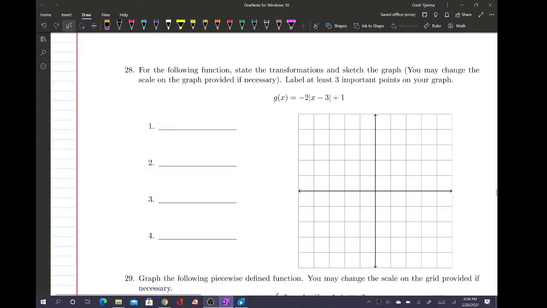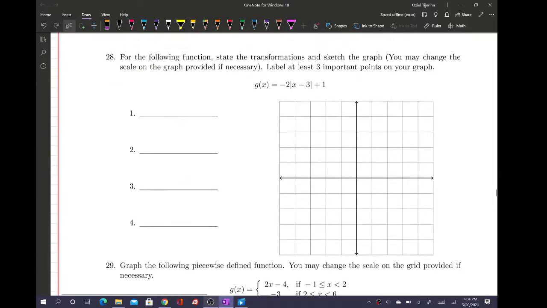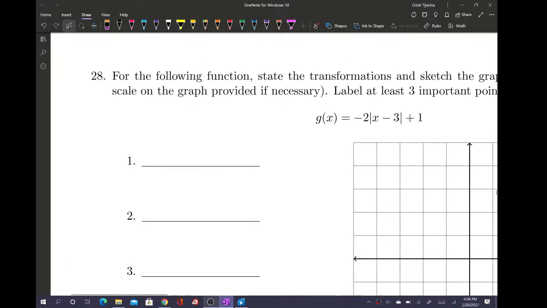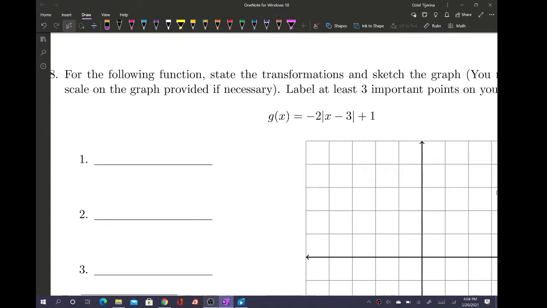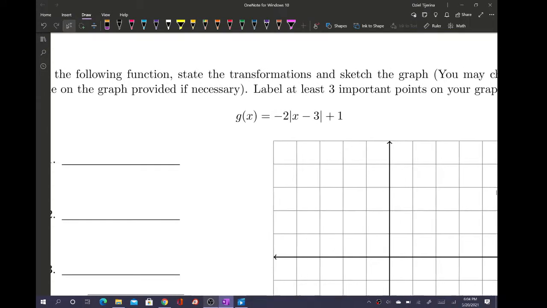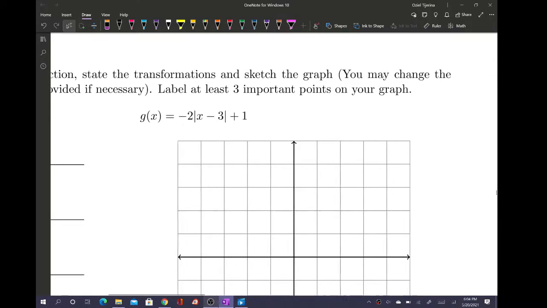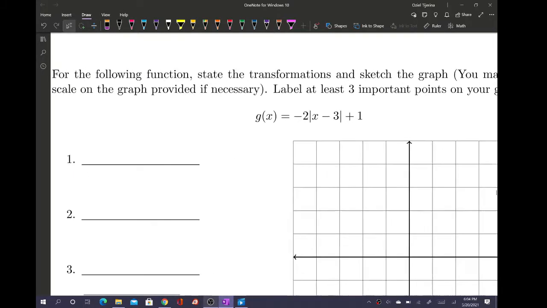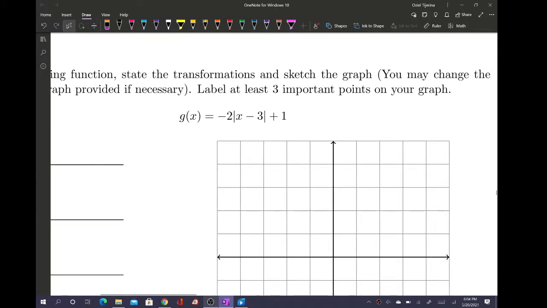Okay. So we still have about a few more minutes left. For the following function, state the transformations and sketch the graph. You may change the scale on the graph provided if necessary. Label at least 3 important points on your graph.